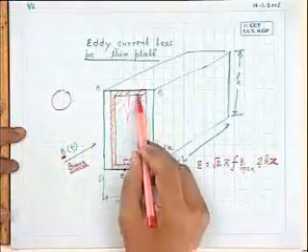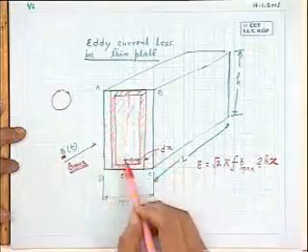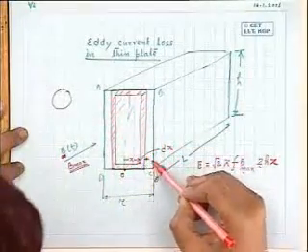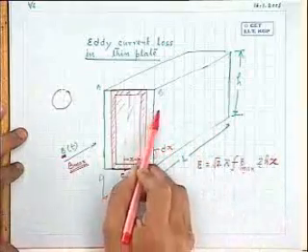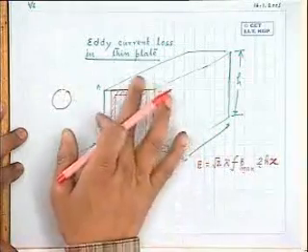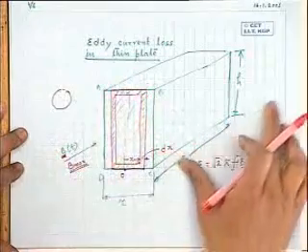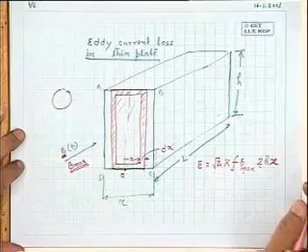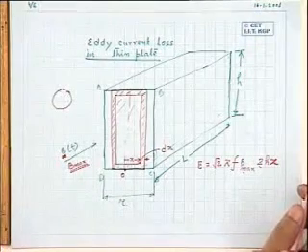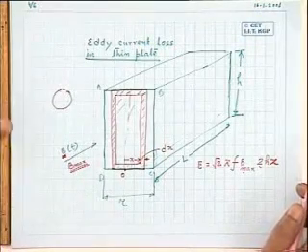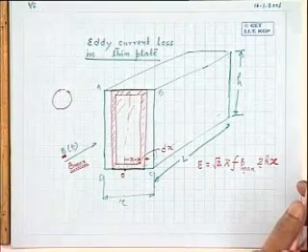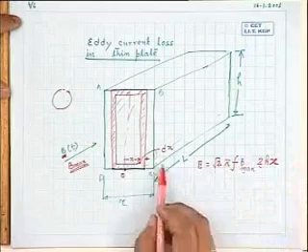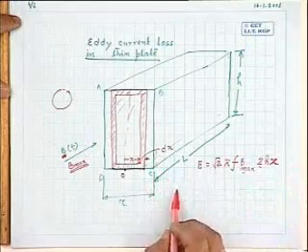Now, what will be the path of the current? For this assumed closed path, it will flow like this, and it will flow all along those turns, along the length. Some current will flow. This is the induced voltage, the path through which current flows is known, so how much will be the power loss?